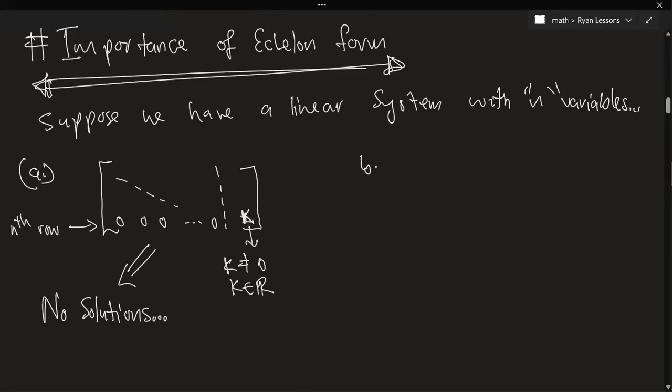Then the other thing that can happen is that during your reduction process, you might get an identity matrix on one side, and on the other side you might get your vector B. Or at times you cannot get just an identity matrix, you can get an upper triangular matrix.